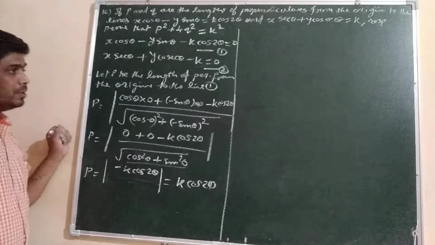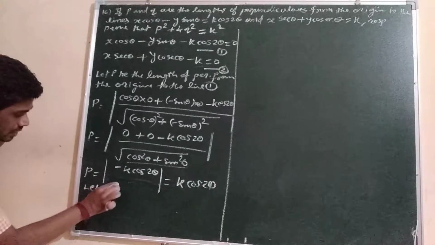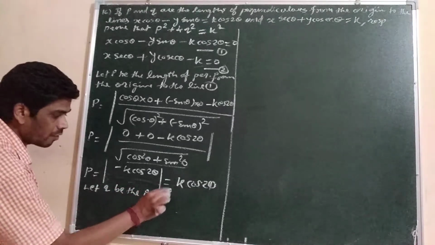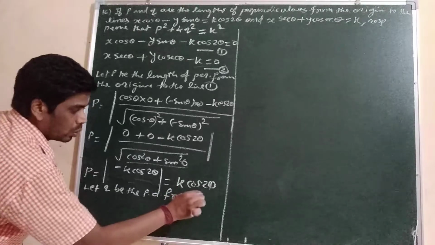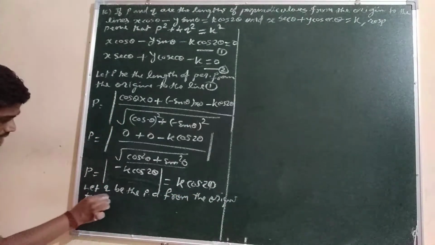Now let q be the perpendicular distance from the origin to line 2.